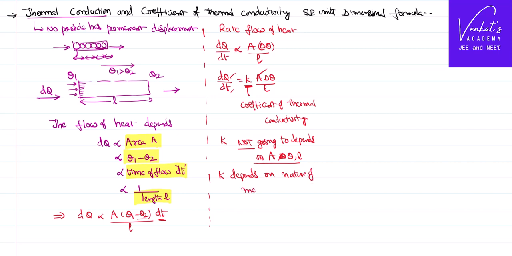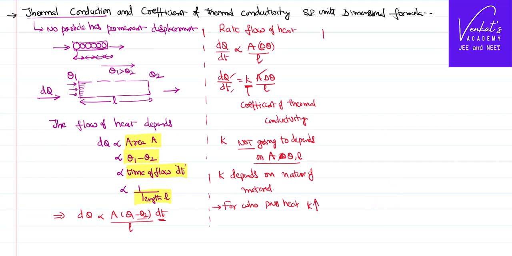There are some materials which are conductive, which pass heat through them comfortably, like iron. There are some other materials which don't pass heat through them, like wood. For the materials which pass heat, the K value is high, and vice versa.